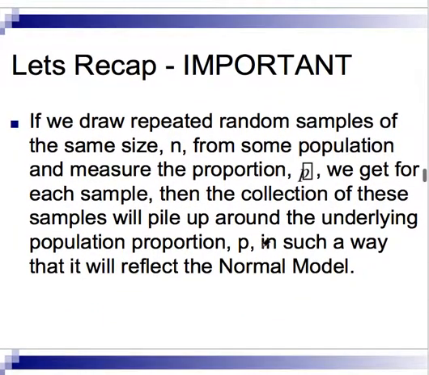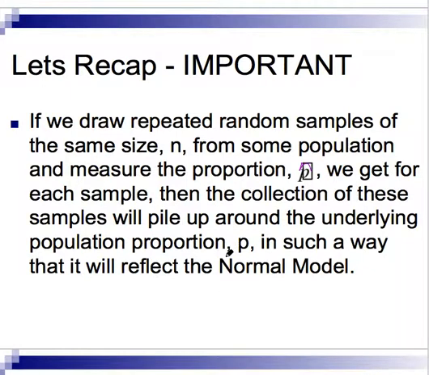Okay, so a recap of this section. If we draw repeated random samples of the same size from some population and we measure the proportion, so p hat, that we get for each sample, the collection of the samples will pile up around the underlying population proportion in such a way that it reflects the normal model.